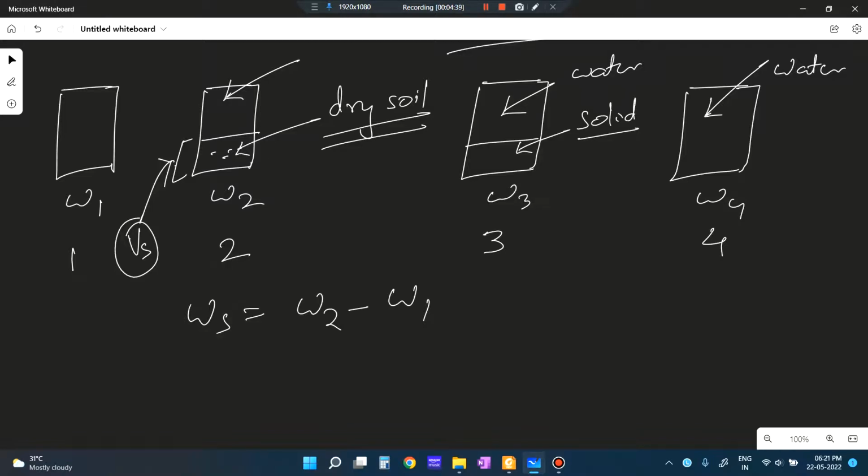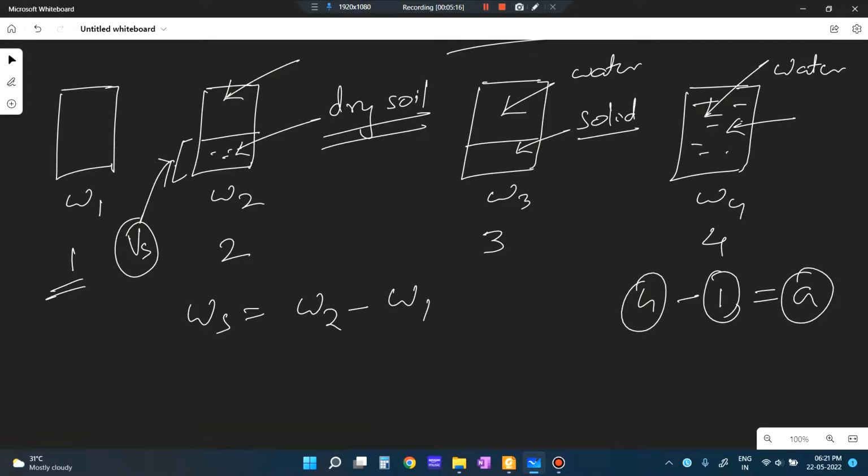Now see, if we subtract figure 1 from figure 4, that is 4 minus 1, we will get the weight of the total volume of water filled inside the pycnometer. Okay, so let it be A.